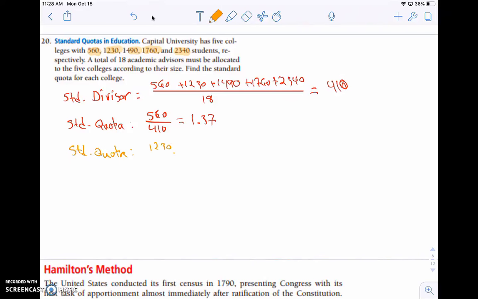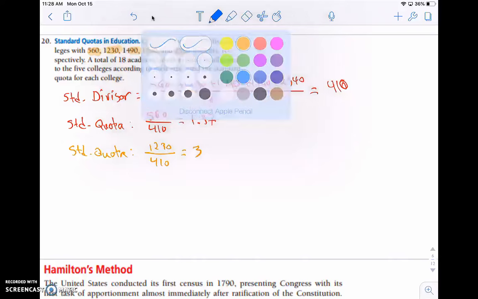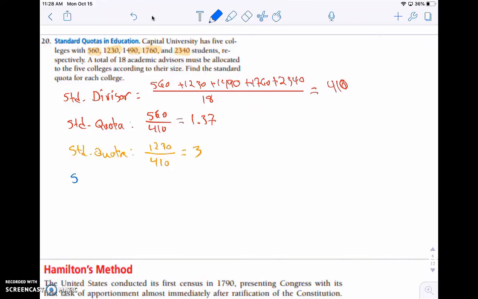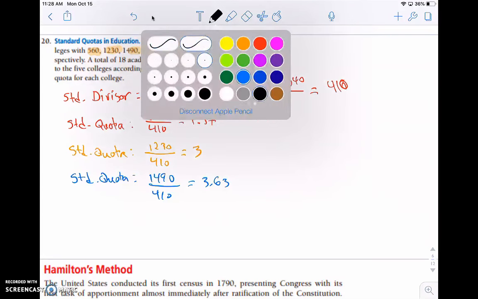You take 1230 and divide it by 410, and that one turns out to be exactly 3. Those are pretty rare instances. Jumping over to our next college, the standard quota there, take 1490, divide it by our standard divisor, 410, 3.63.